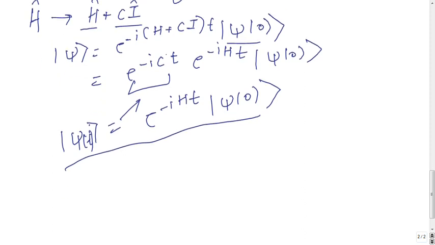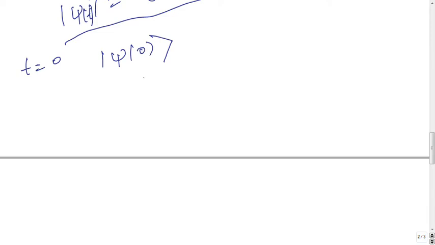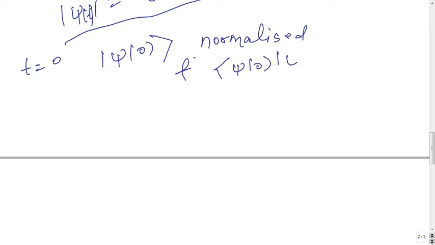Another thing is, what does the unitary evolution mean for a state? Suppose at t equal to 0 the state was xi of 0 and it is normalized, that is, the inner product of xi of 0 with itself is 1.